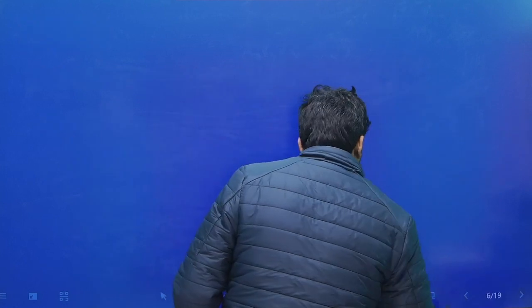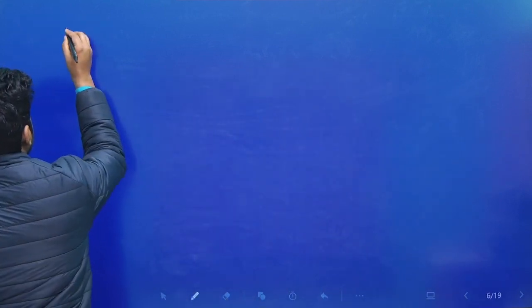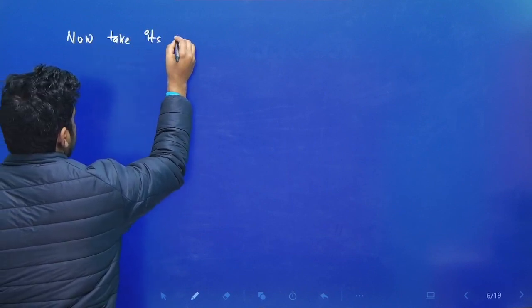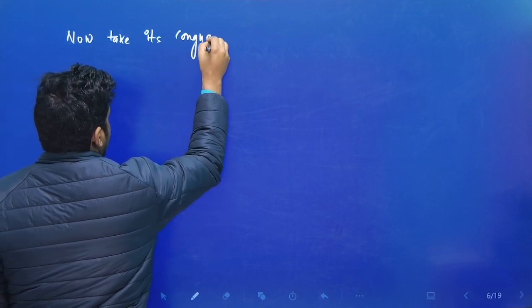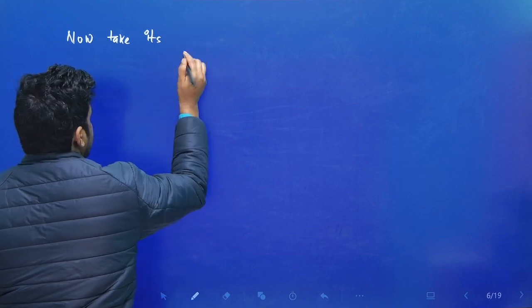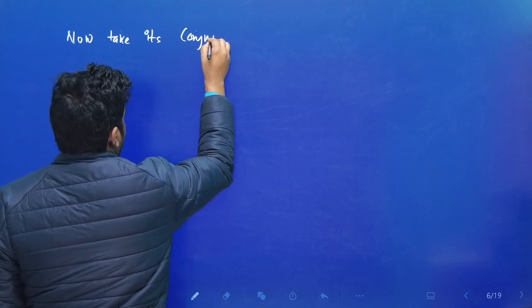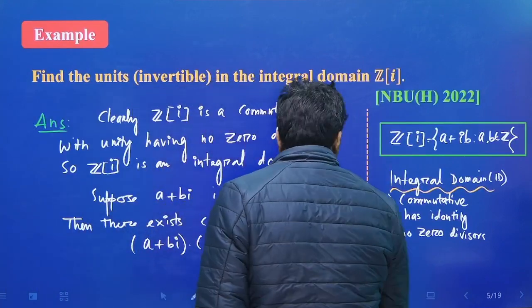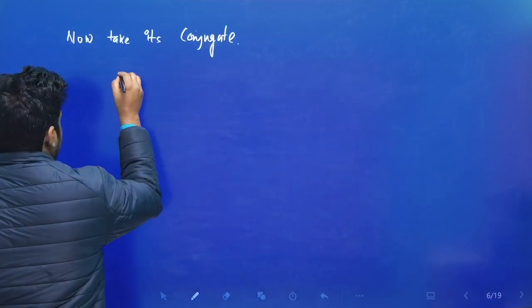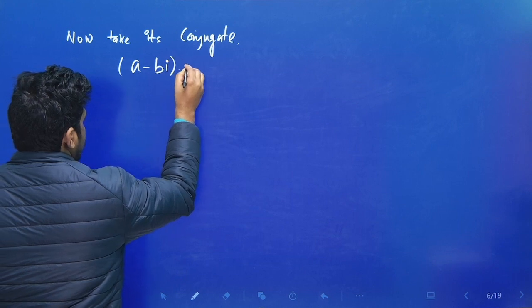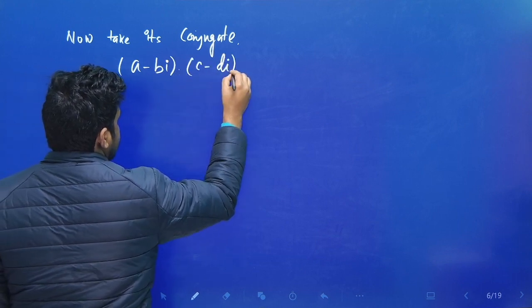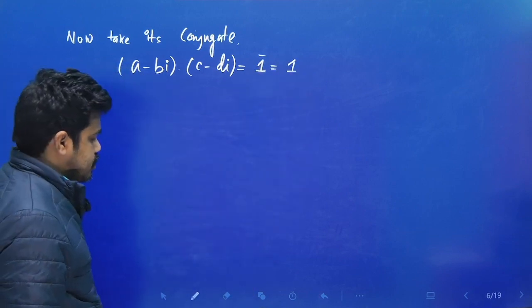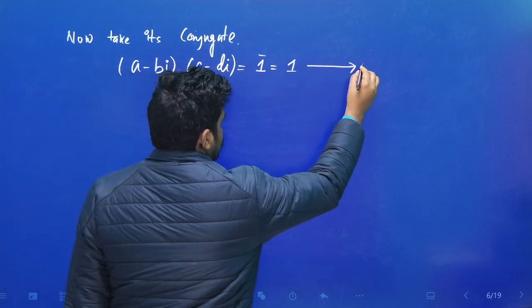So taking the conjugate, we get a minus bi into c minus di is equal to 1 bar, which means 1. Suppose this is equation 2.